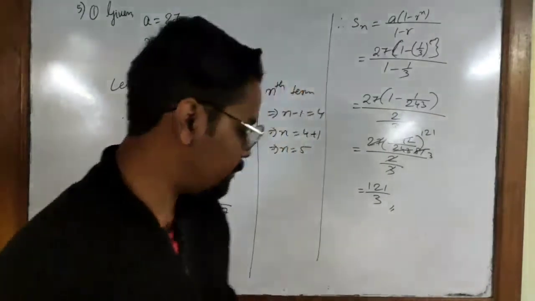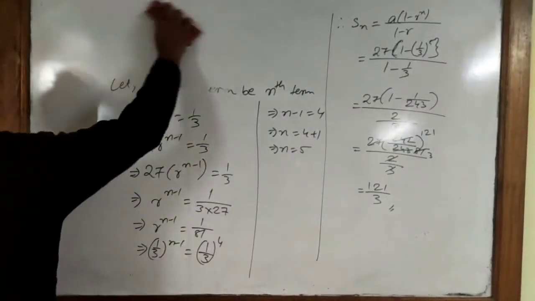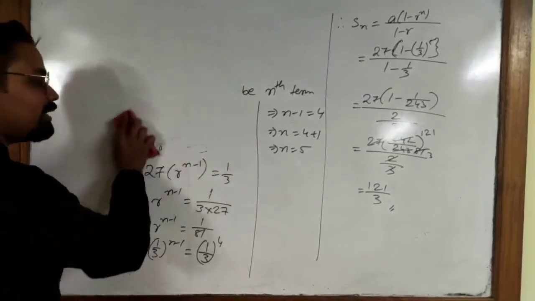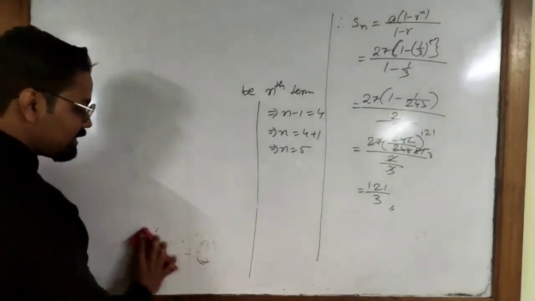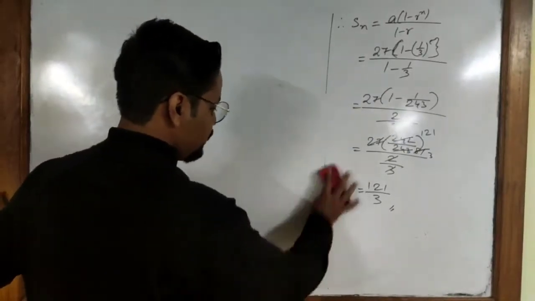Let's move on to question number 6, where we have to insert GMs, that is geometric means. We have done how to insert arithmetic means in our previous exercise. In this exercise we will learn how to insert geometric means between two given terms.